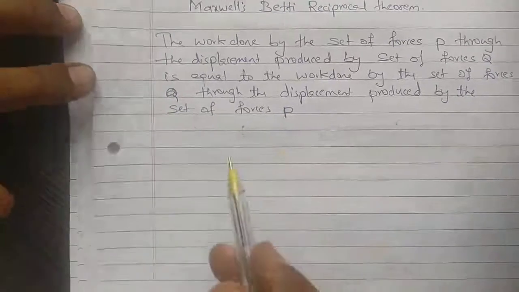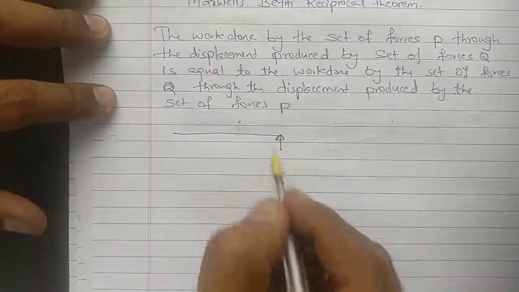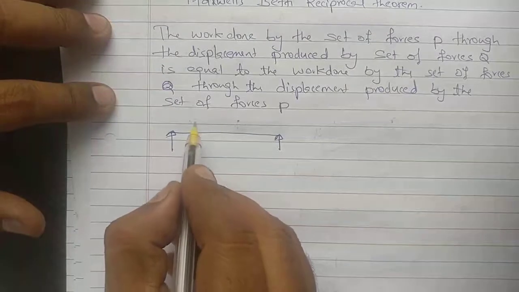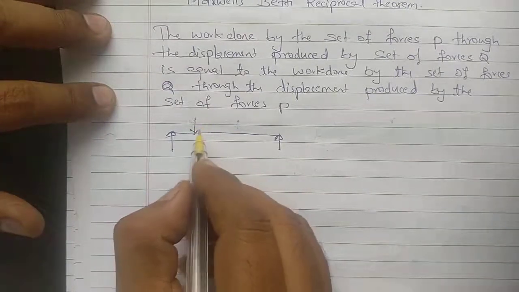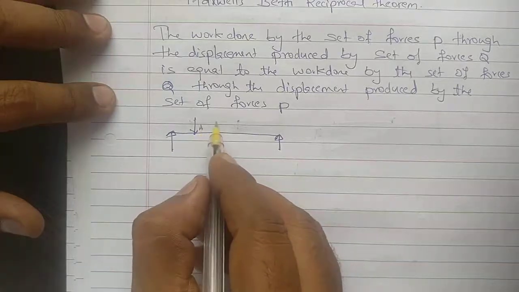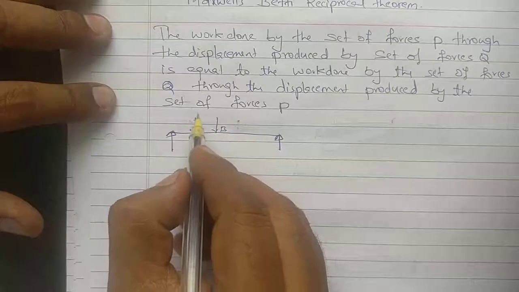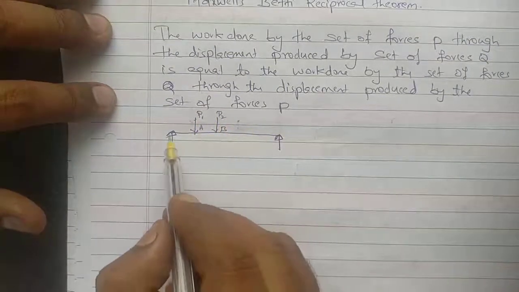You can understand this with an example. For example, we have a simply supported beam with points A and B. The forces are P1 and P2.